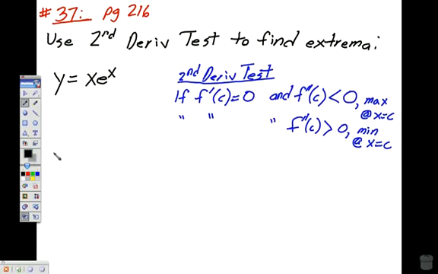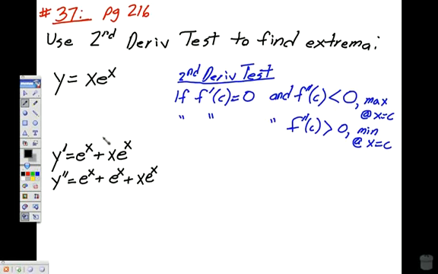Here's our function. Our first derivative is going to be, using the product rule, e to the x plus x times e to the x. The second derivative then will be e to the x plus e to the x plus x e to the x.